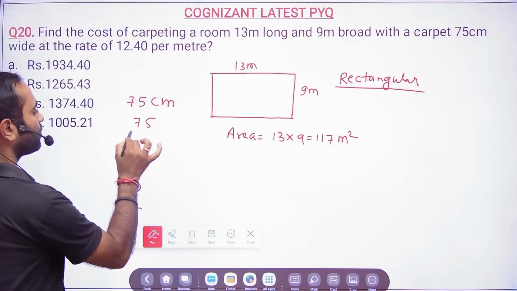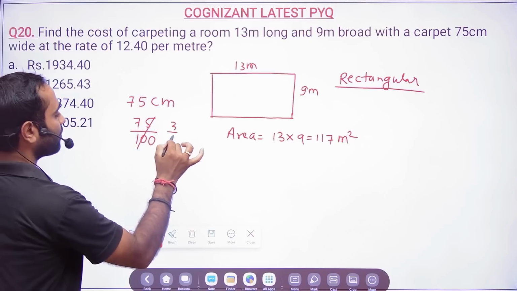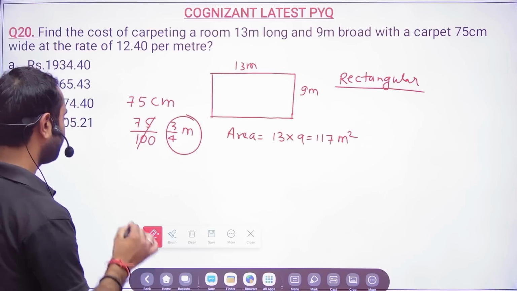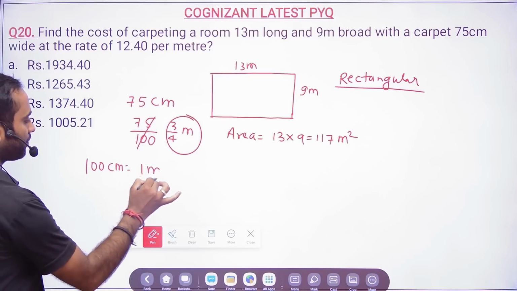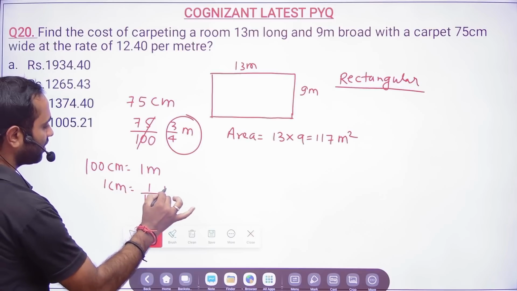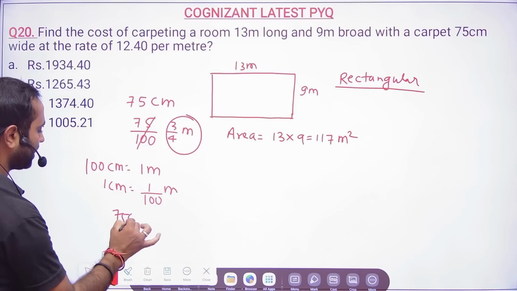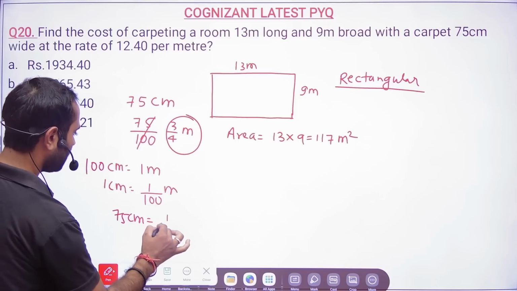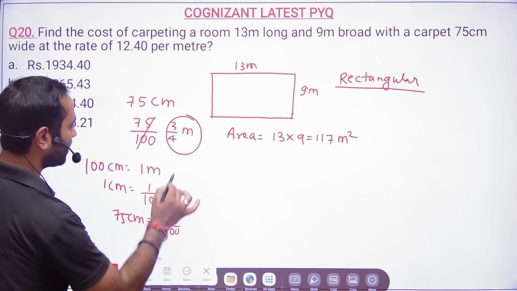You divide it by 100, so it will be nothing but 3 by 4 meter. See, 100 centimeter is equal to 1 meter, so 1 centimeter will be equal to 1 by 100 meter. So 75 centimeter will be 75 by 100 meter, which we have done directly here.